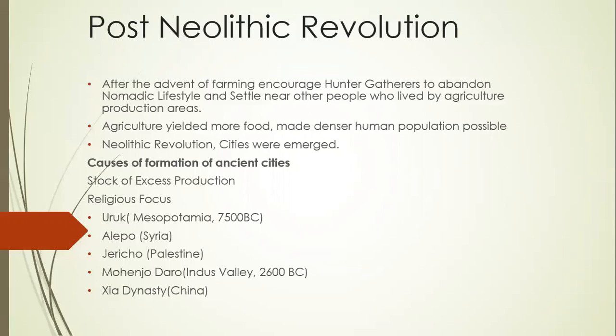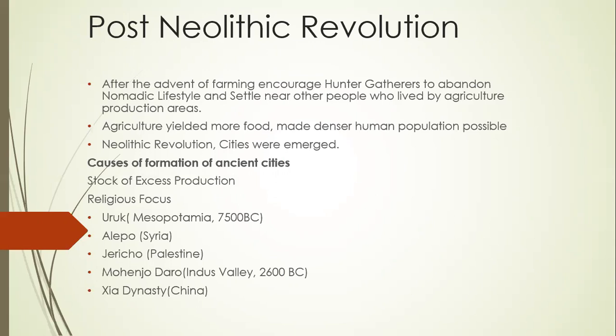The first one was the stock of excess production. In the hunting of animals there was too much risk, and the food was not enough for all the people. So after the Neolithic revolution, they had excess production of agriculture and crops.